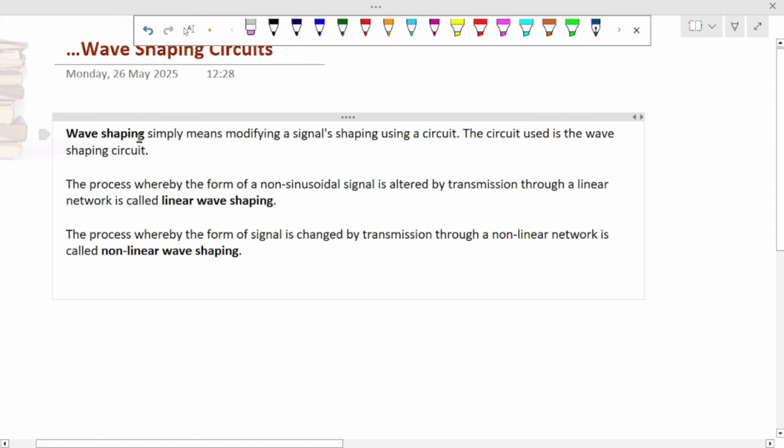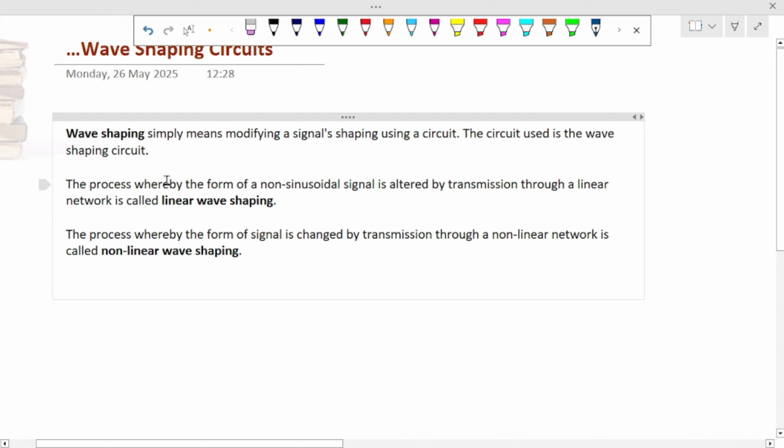When we say wave shaping, it simply means modifying a signal shape using a circuit. The circuit used is the wave shaping circuit. We just talked about the fact that sinusoids, when they go through a linear circuit, remain the same, they maintain their shape.